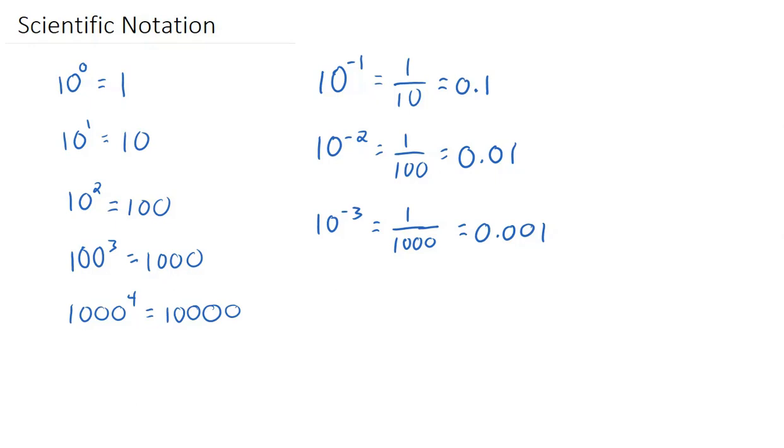Now if we look at this with a number that isn't just a 10, we can start to see how it can work. So let's say I have 2,300. Well, I can start associating decimal place values with multiplication by 10.